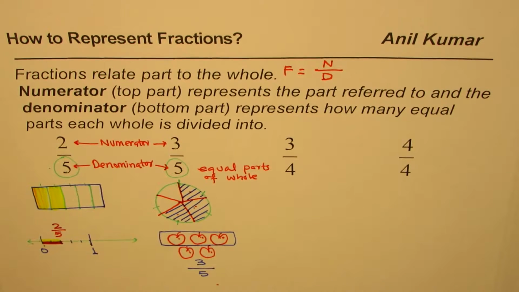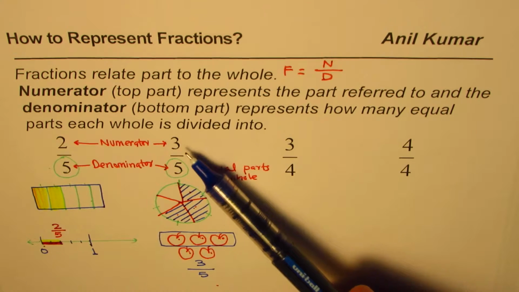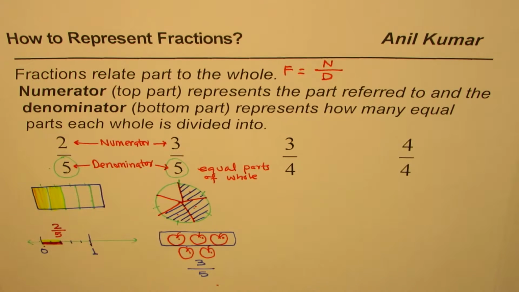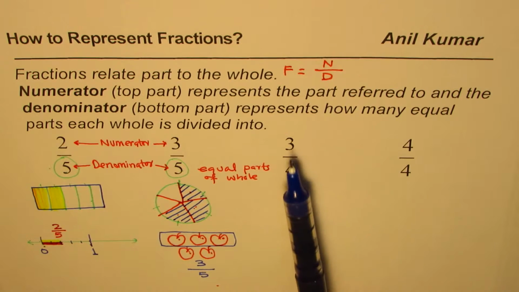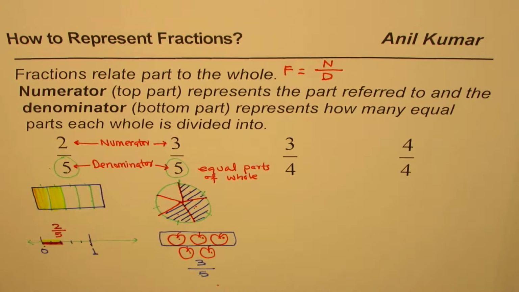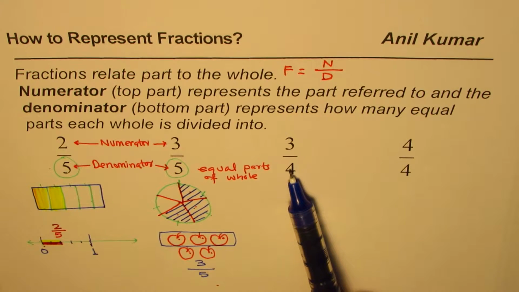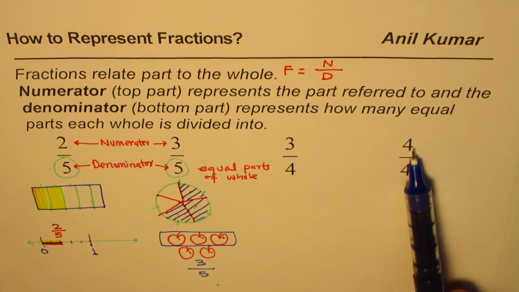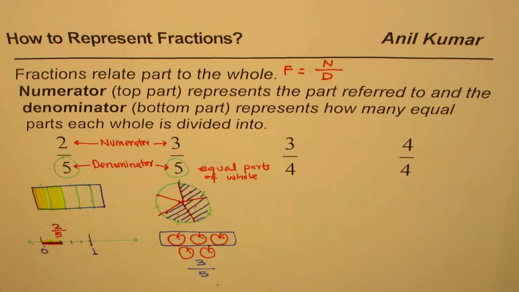Do you see that? So what we have done in this exercise, we have shown how to represent fractions in different ways. You're getting my idea, right? Now let's move forward. We have 2 more examples to go, 3/4 and 4/4. You can now pause the video and represent 3/4 in 3 different ways and 4/4 in 3 different ways.